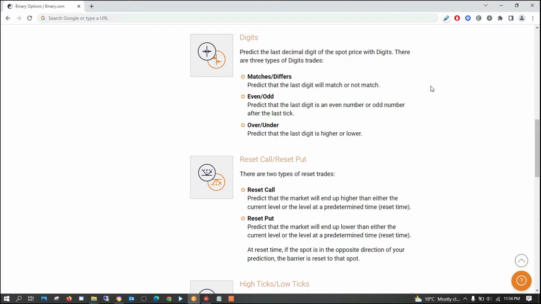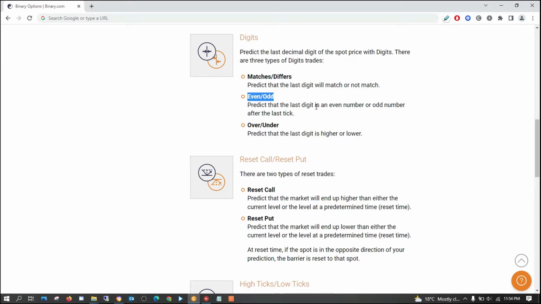But if it matches 0, you win your position. The same with this one: if you predict that the market will differ from 0, you win your position. Anything with a 0 last digit, you win your position, or you lose your position the other way around. Another one is the even odd digits.